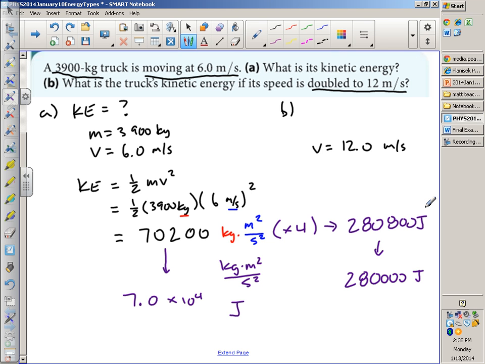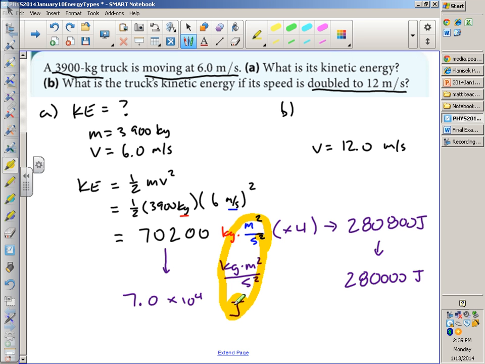So that gives us our first calculation dealing with kinetic energy. How do mass and velocity affect the amount of kinetic energy? The next part of this discussion centers on this little section right here where we talked about the units, especially here, right? We've come across joules already, right?